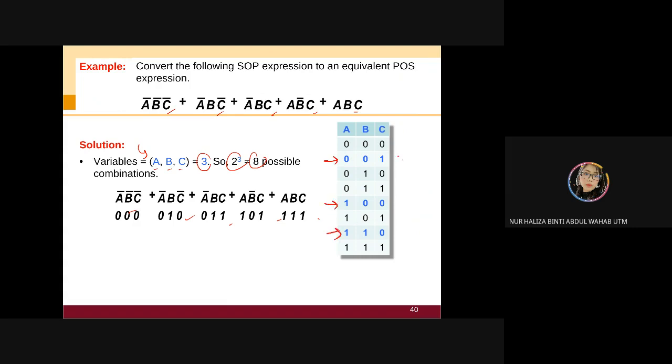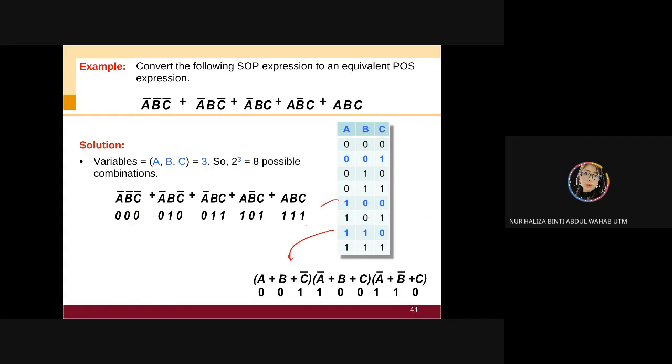From this will be 0, 0, 0. The rest will be 1. So for these 0s, you bring them down. You get your POS. That's why there is a question: convert the SOP here to the equivalent POS expression. Then this is your answer.